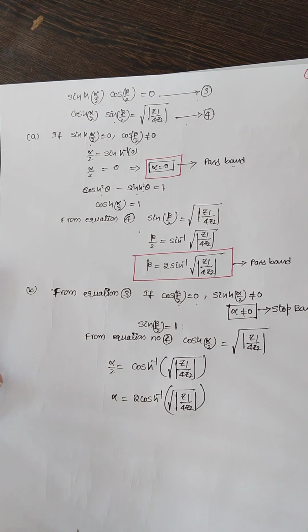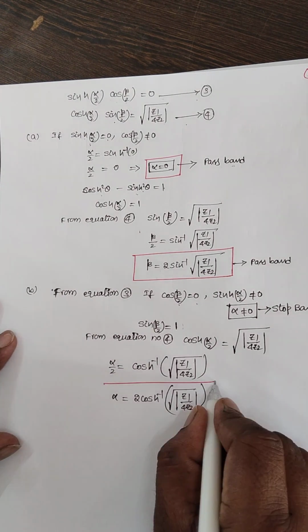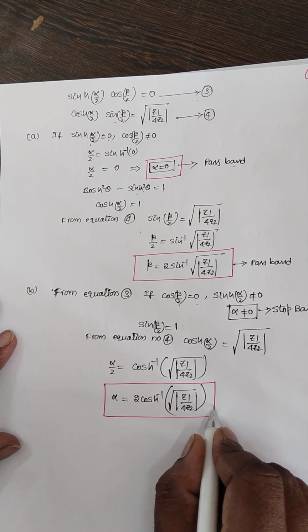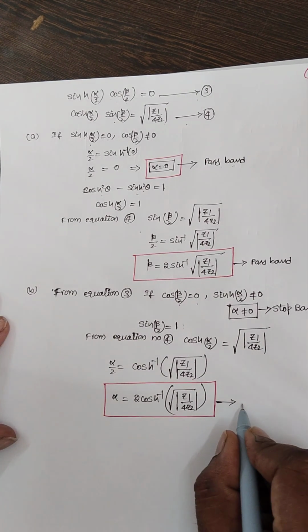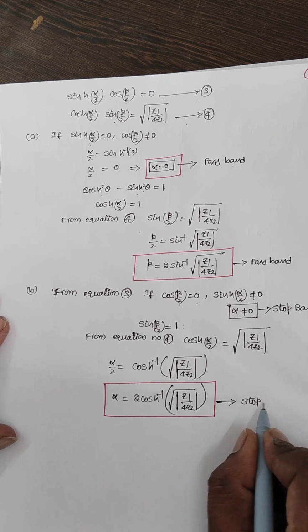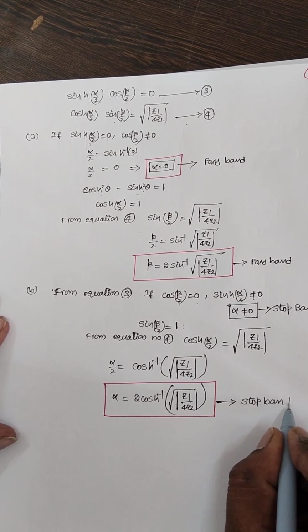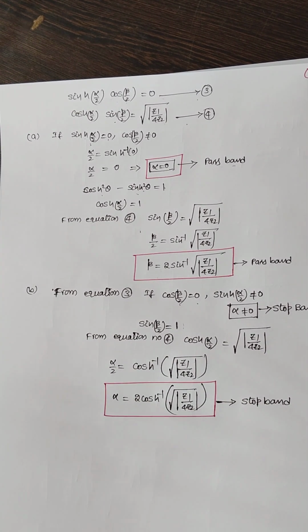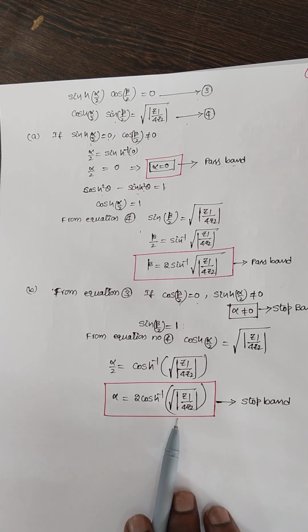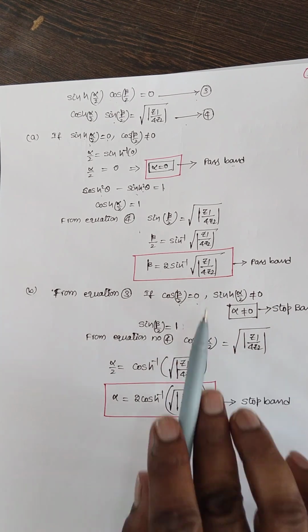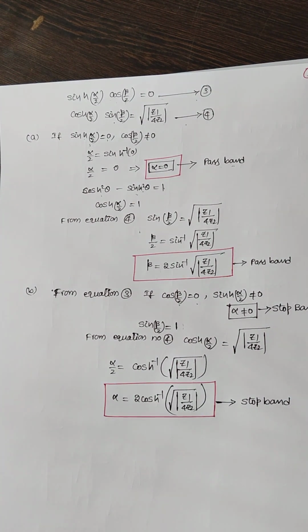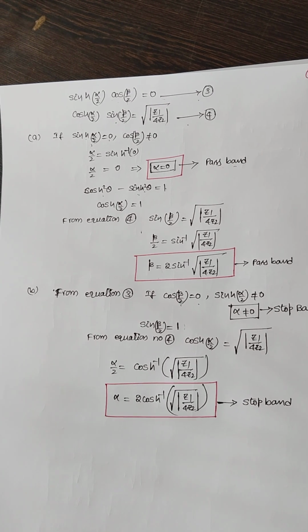This is an important expression in the stop band. In the stop band only you will get the expression for α. In the pass band we will get the expression for β. So that is about the characteristic of these filters.